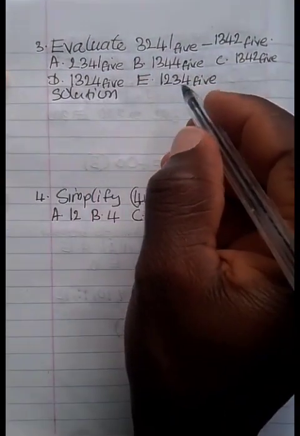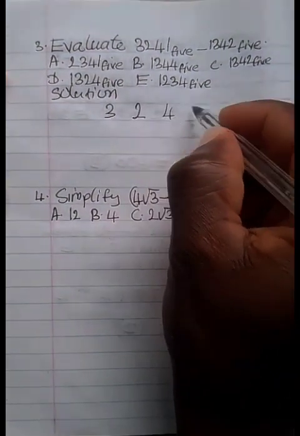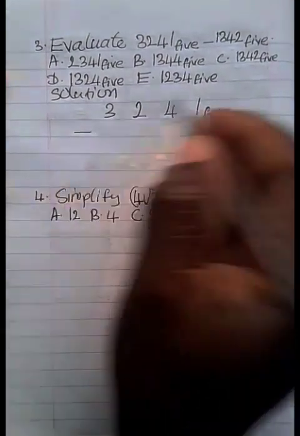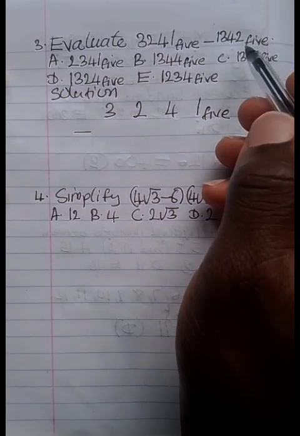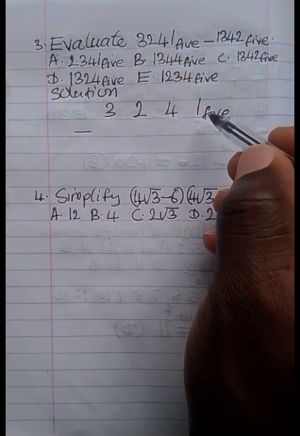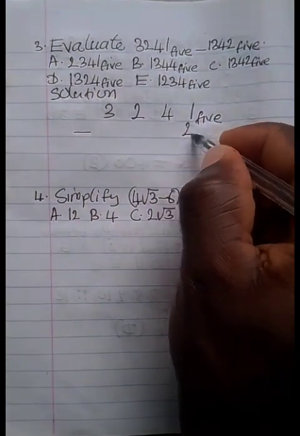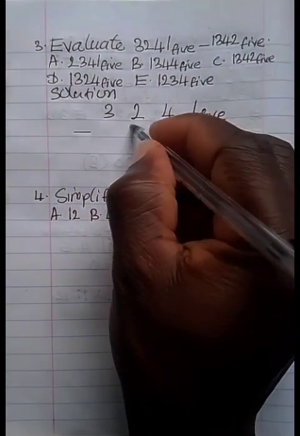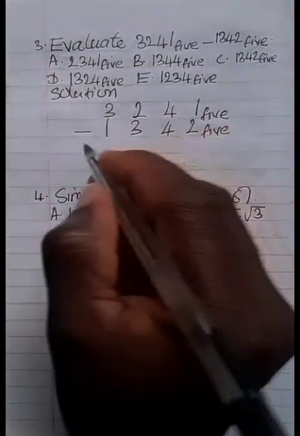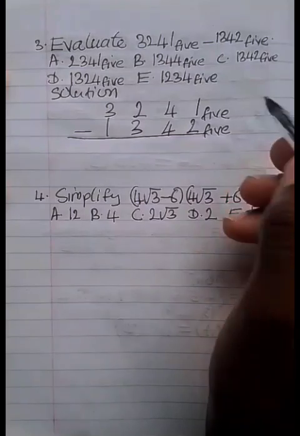The first number, we write it 3241 base 5 minus, we arrange the second number starting from unit, that is from right to the left. So we start with 2, 4, 3, 1 base 5. The subtraction is to be done in base 5.